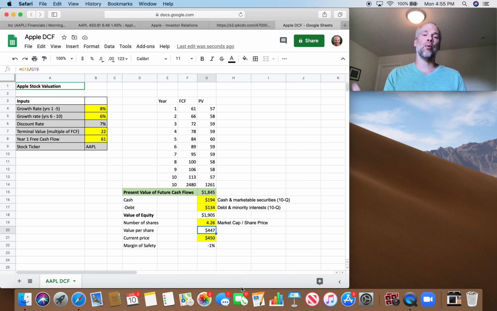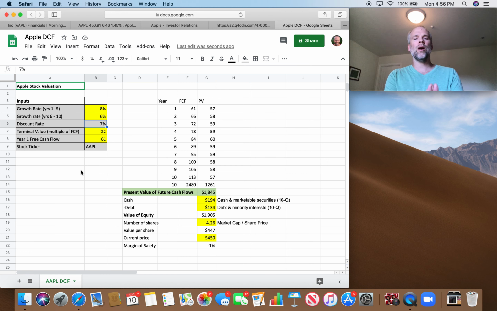Just by moving the growth rates a little bit, you could probably justify these growth rates. These aren't growth rates that are crazy. They're not unachievable. It's possible to hit these growth rates. Reasonable discount rate. And this terminal value, you could potentially justify that.